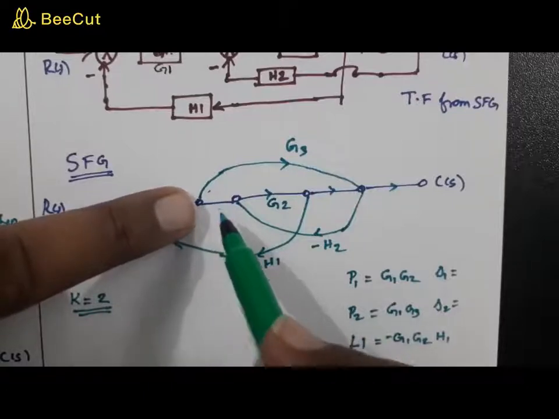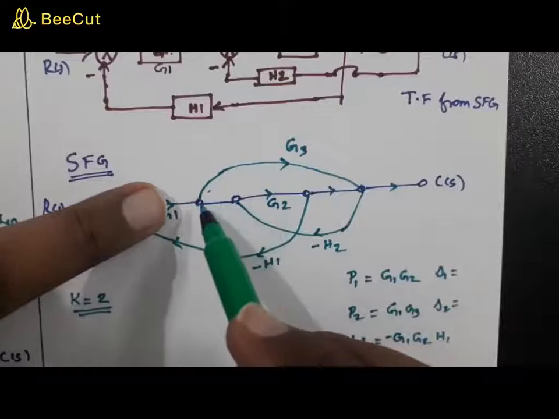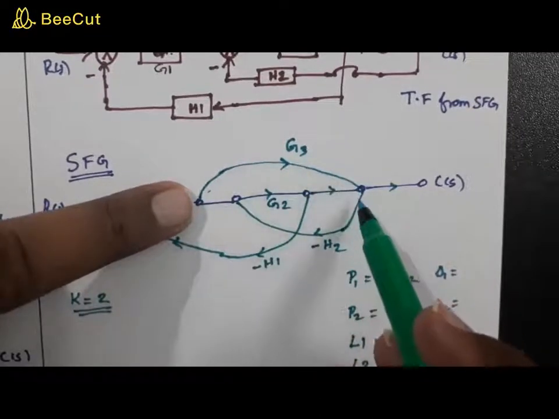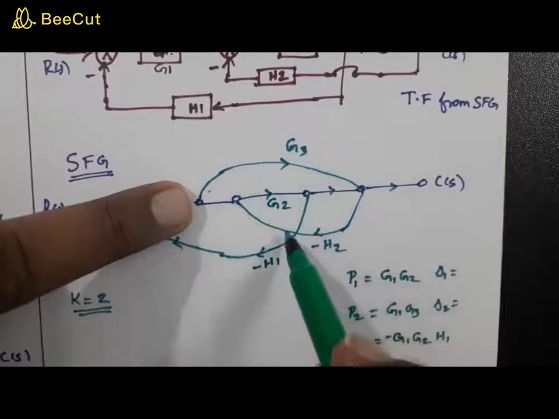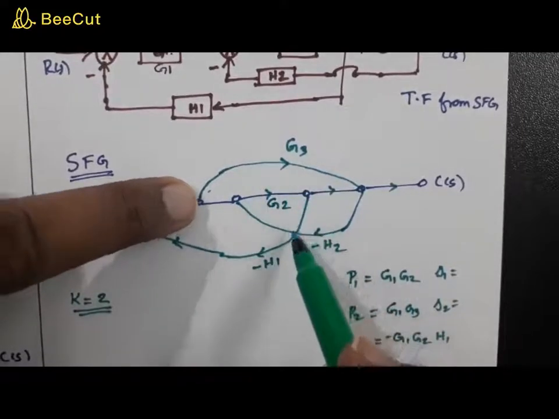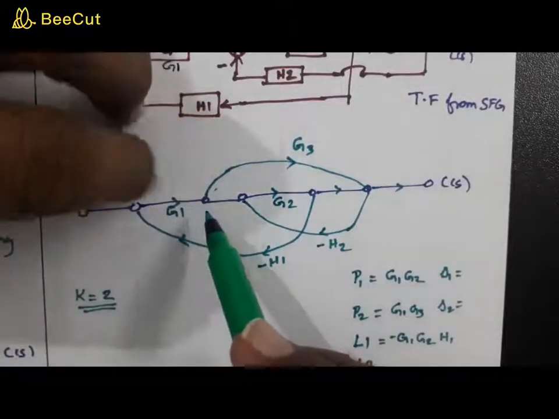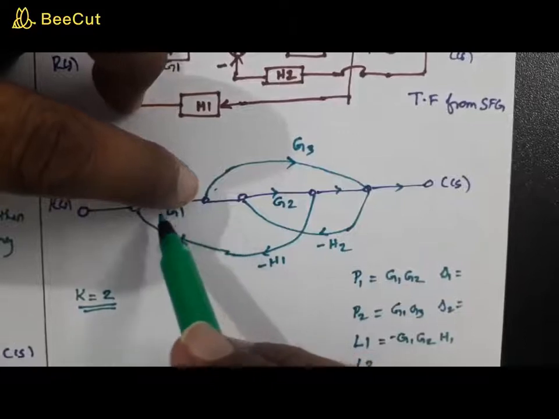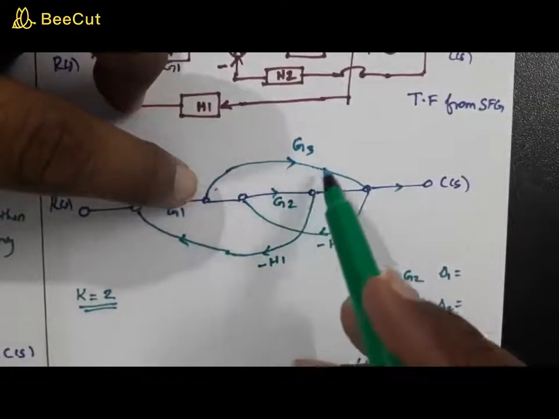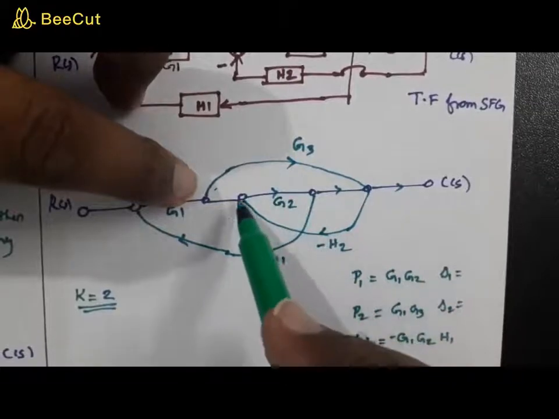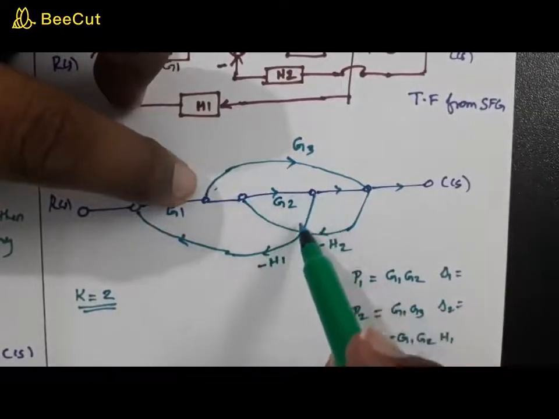Now what about this? There can be a possibility like this. Look at this: G3, minus H2, then G2 over here, right? Just be careful, nowhere does the signal get repeated on any of the paths, right?